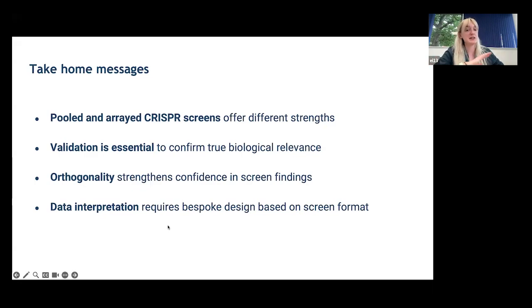By switching to a different method, none of them are going to be perfect, they will all have their own artifact, but hopefully they're not going to show the same effect in both delivery systems.